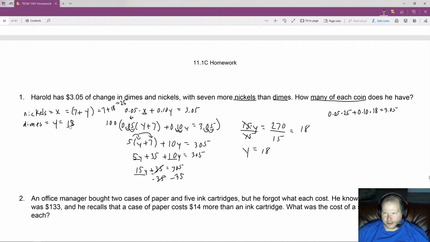We make sure that's true, right? So this would give us 0.05 times 25 is 1.25, plus 0.1 times 18 is 1.8. And we add that together, and sure enough, we get $3.05. So we know that one right there is correct.